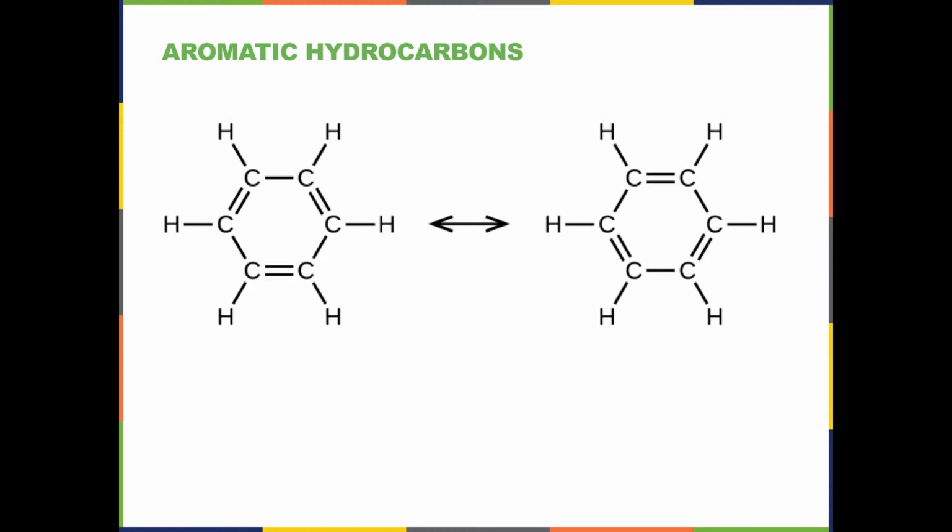The last thing we're going to talk about today are aromatic hydrocarbons. Aromatic hydrocarbons are ring structures that have 3 double bonds, alternating double bonds. This is what's known as benzene, and this shows the 2 resonance structures between the 2 in the benzene molecule.